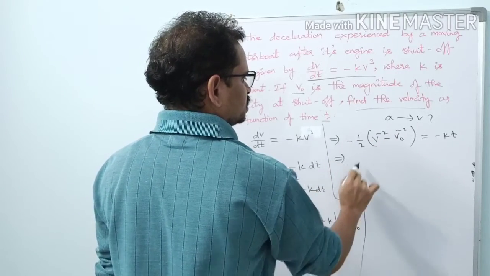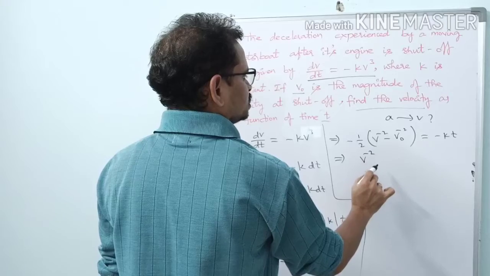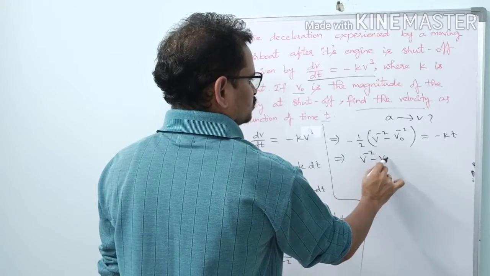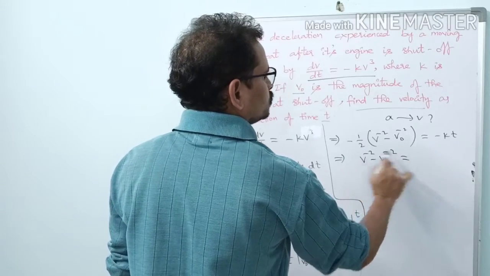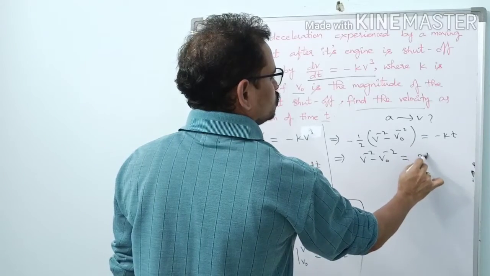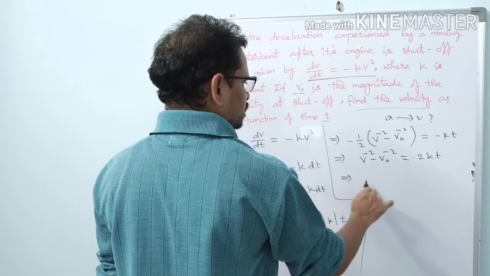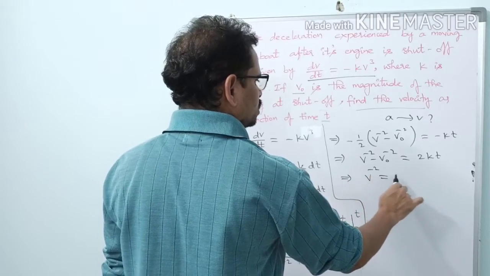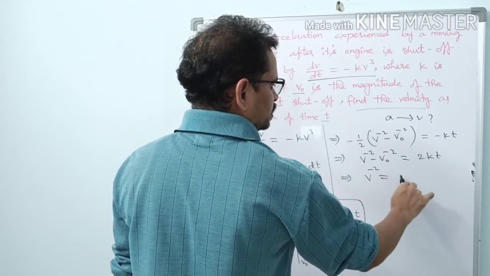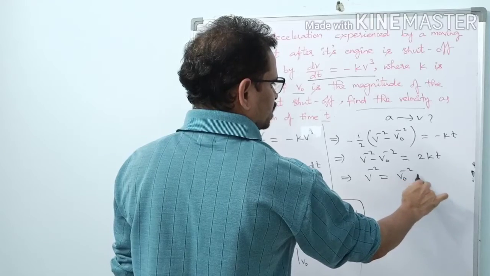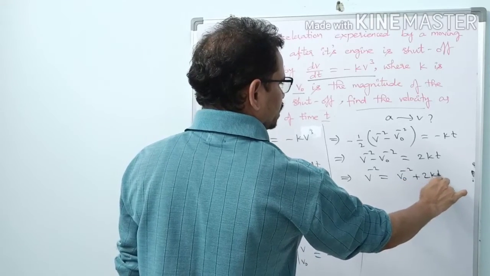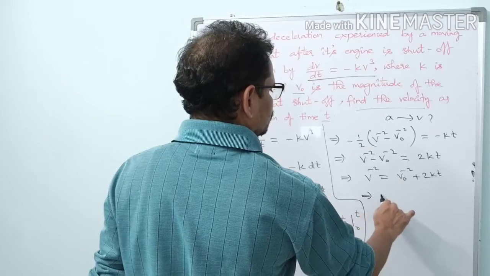So this implies v power minus 2 minus v0 power minus 2 equals 2kt. Okay. So this implies v power minus 2 equals, sending this one that side, v0 power minus 2 plus 2kt.